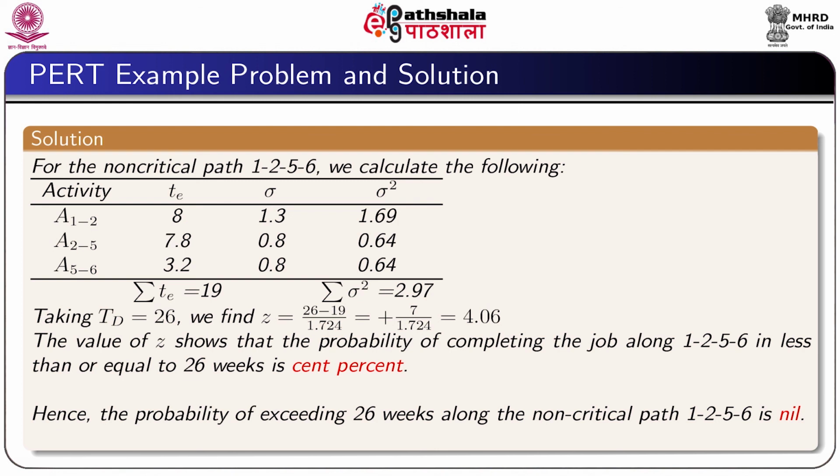So, if we consider the standard normal distribution table, then the probability is equal to 1. Hence, the probability of exceeding 26 weeks along the non-critical path 1, 2, 5, 6 is nil.